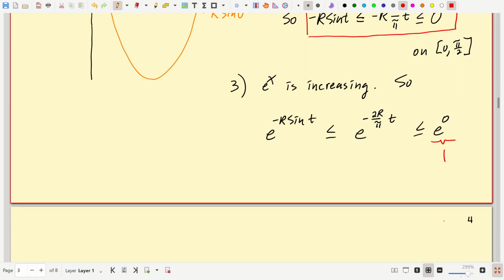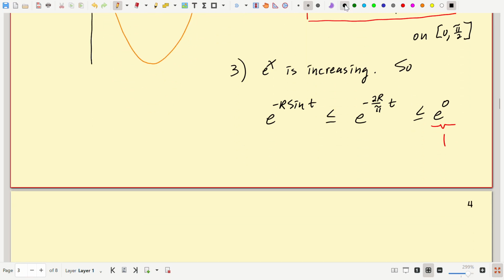Okay, now I can do something. So, let's see, the integral from 0 to pi of e to the minus r sine t dt is equal to 2 times the integral from 0 to pi over 2, because it's symmetric.